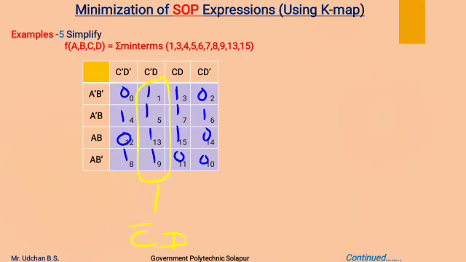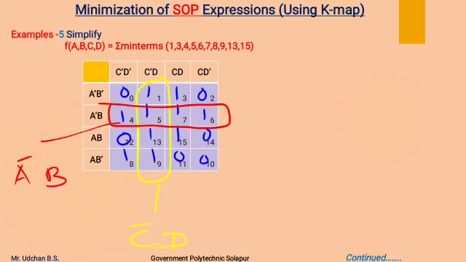After that this one will be our second quad. For this the equation will be A bar B. Now here this one is remaining, so with this one we will form a pair over here.